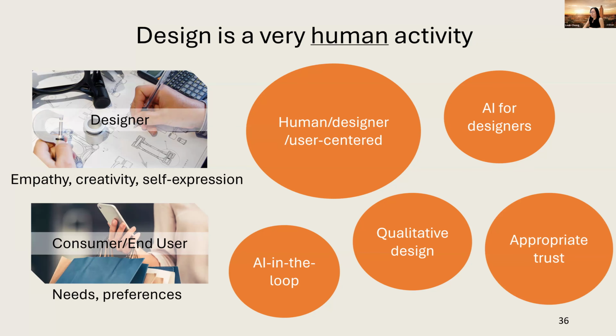And finally, a lot of the trust research that I have read talks about how we increase trust in AI. But really, the question is, do we really want to increase trust? Is that really the goal of research? Or do we want people to appropriately trust these tools? And we want to think about how we can do that as well.